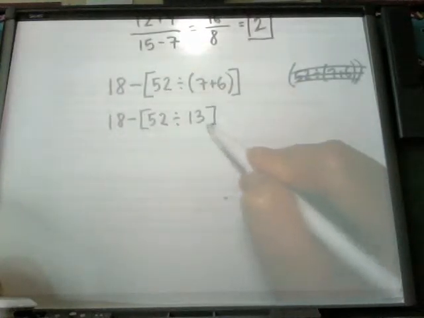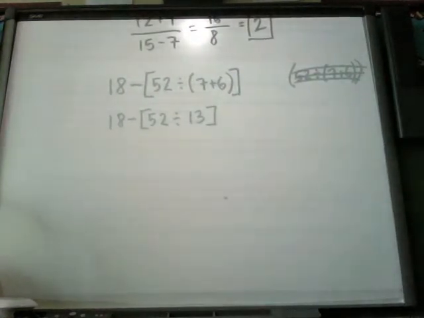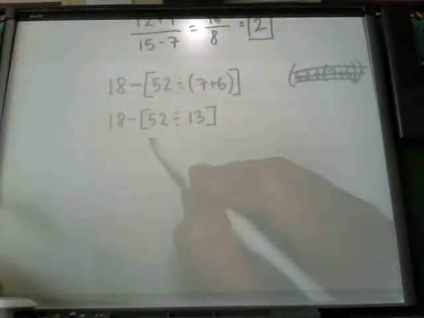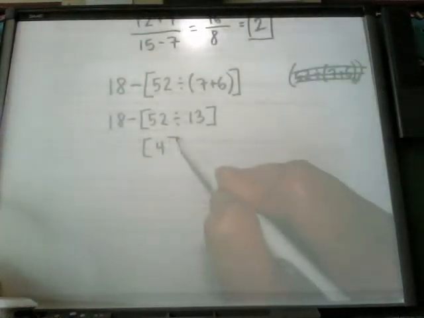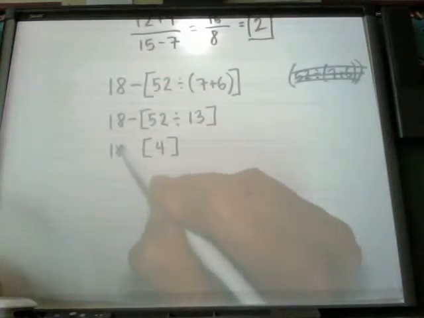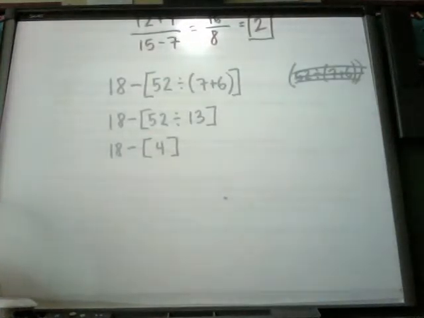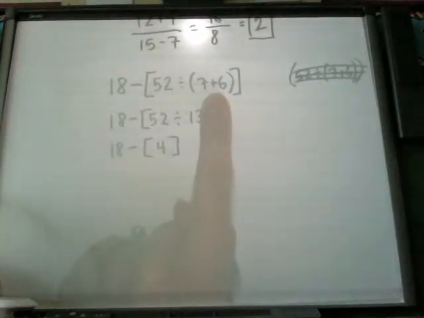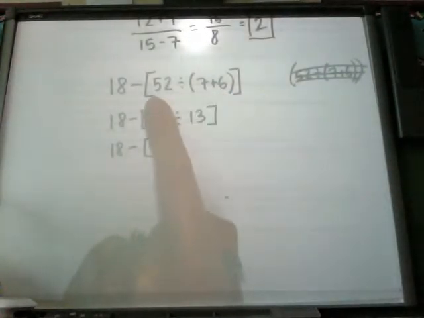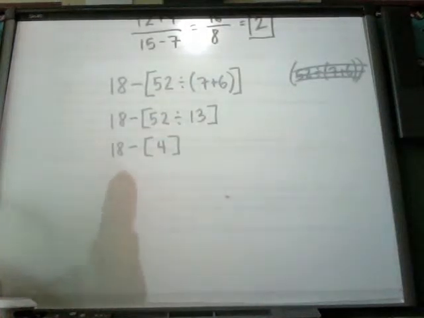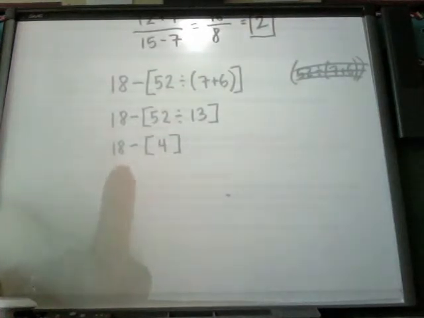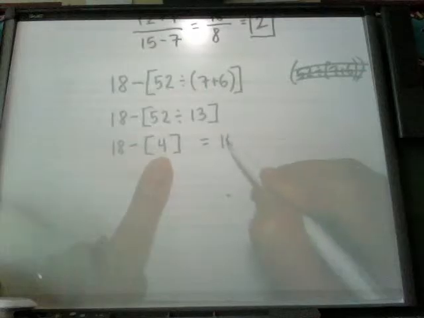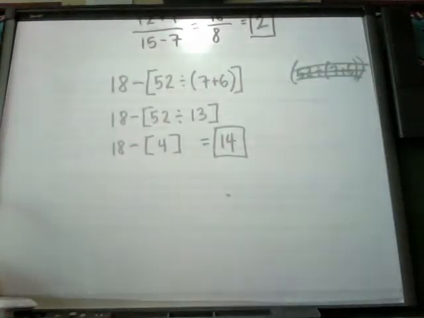I do that first, and I get 13. I'll tell you right now, 52 divided by 13 is 4. Now technically we don't need the brackets anymore because we've done all the work. I'm just showing you how it goes. So you start with the innermost group, then to the bigger group, and then finally, when that's simplified as much as possible, you finish up 18 minus 4, 14.